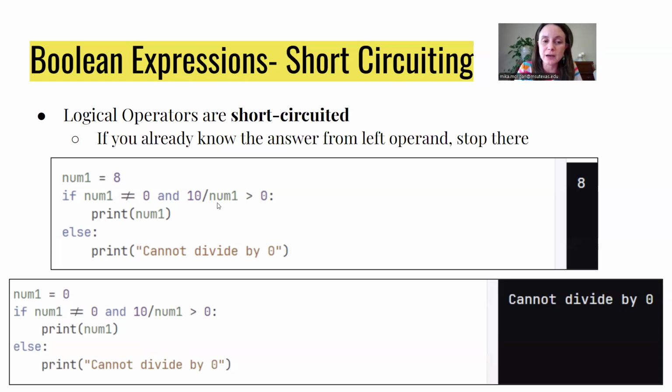If we try to divide by 0 here, our entire program would crash. We would get a runtime error because you can't divide by 0. That's mathematically impossible. And so if you ask the computer to go do an impossible task, it's just going to shut your program down. It can't follow that instruction.